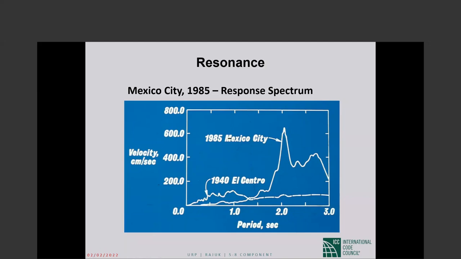Now, this predominant period of 2 seconds of the ground motion means that structures with a natural period around 2 seconds would be the most vulnerable to damage in this earthquake. However, here you have to be a little knowledgeable.